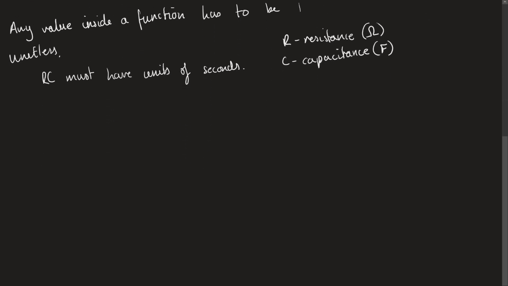If we were to break down the units of resistance, we know that R is equal to V over I, for example. So we could say that ohms is actually the same as volts per amp, okay? And we could say that amps is a measure of current, and current is measured in charge over time, which means that amps is actually the same as coulombs per second, right?